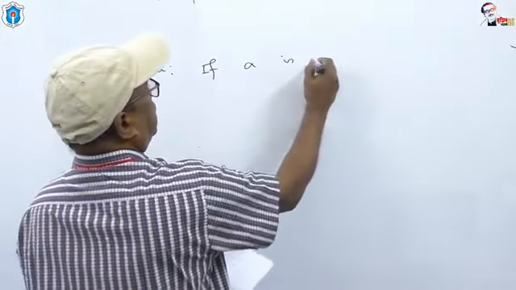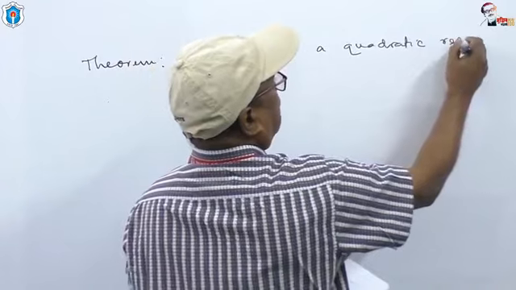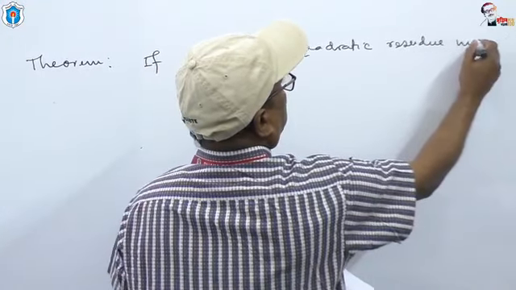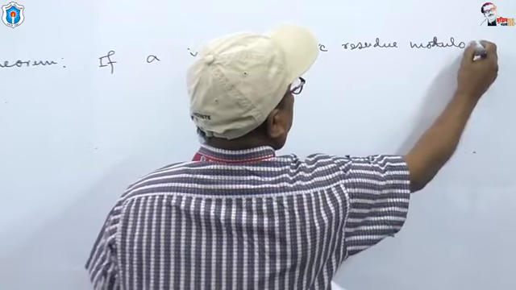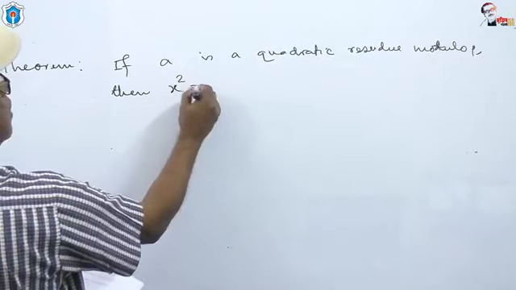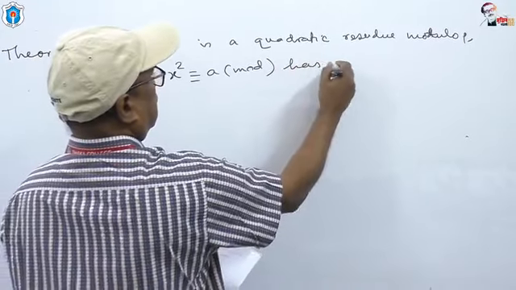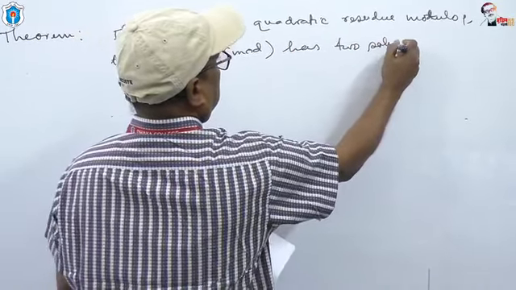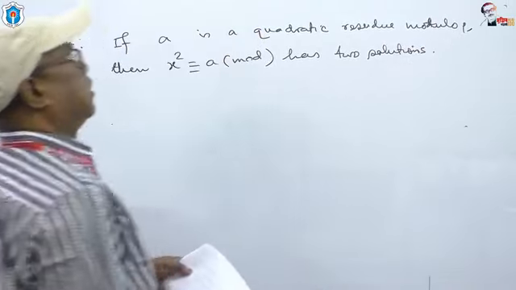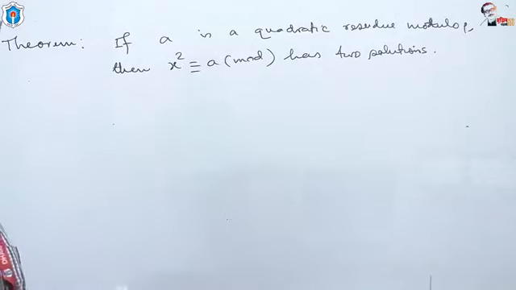This theorem states that if a is a quadratic residue modulo p, then the quadratic congruence has two solutions. We shall prove this.